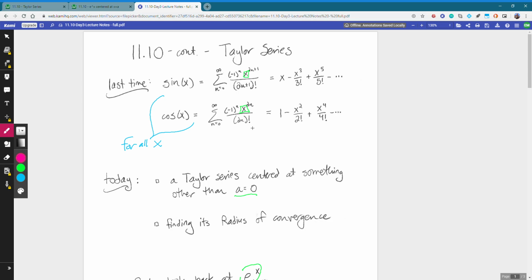Pick your favorite function, sine or cosine, take the formula here and see if you can work through the ratio test and find the radius of convergence. You just got to be careful to deal with the factorials correctly as you're writing down a n plus 1 and doing simplifications and whatnot. But yeah, that's definitely an exercise that would be good to work through. I encourage you to do that.